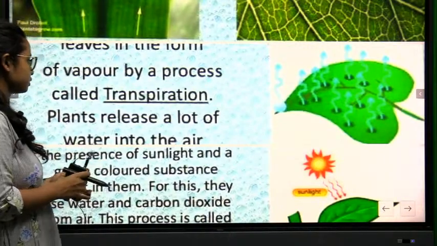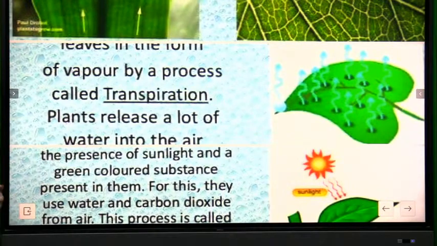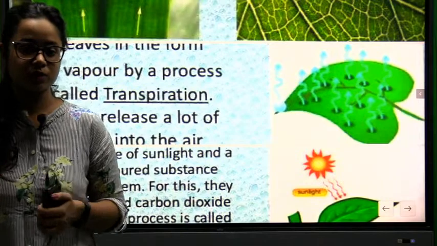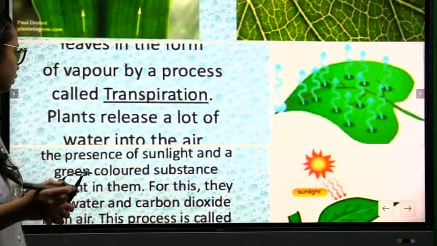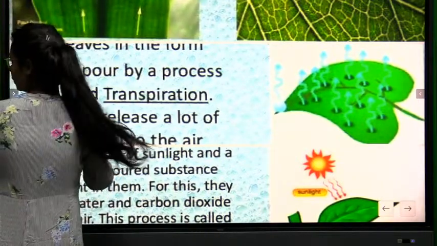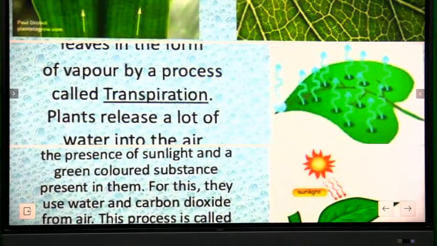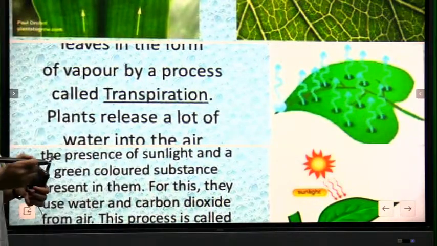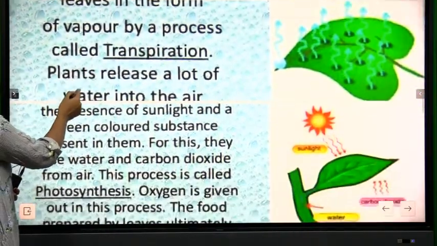They take the water from the soil, and the excess water which is not needed by the plant goes out in the form of vapor. That process is called transpiration.